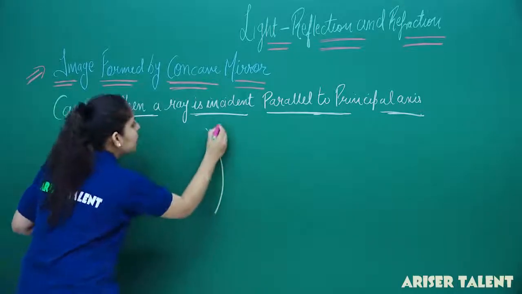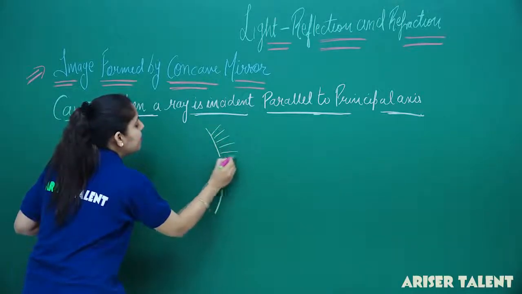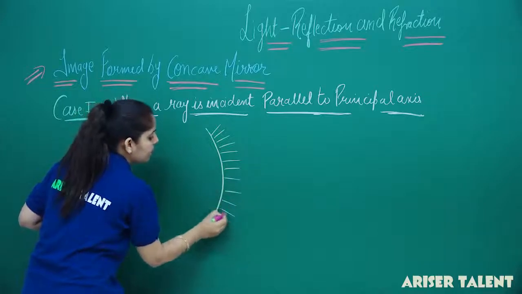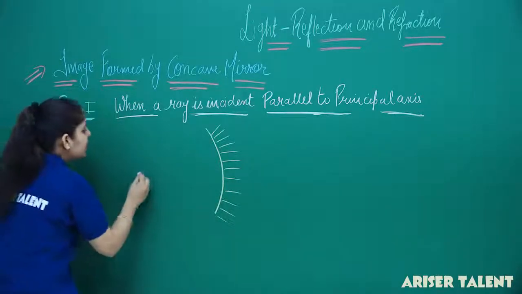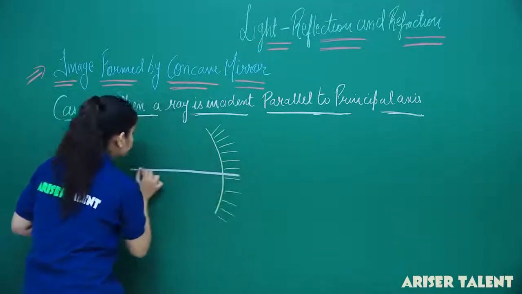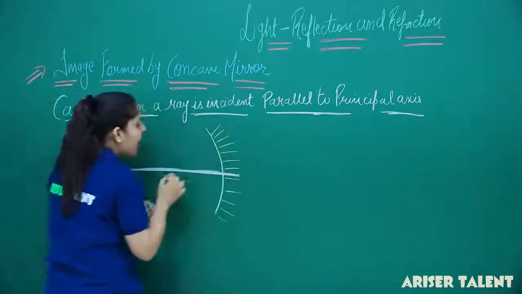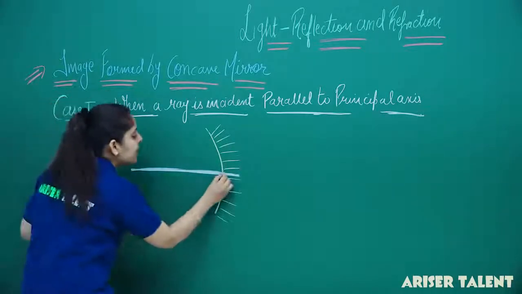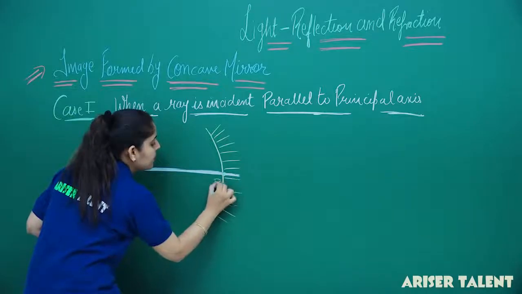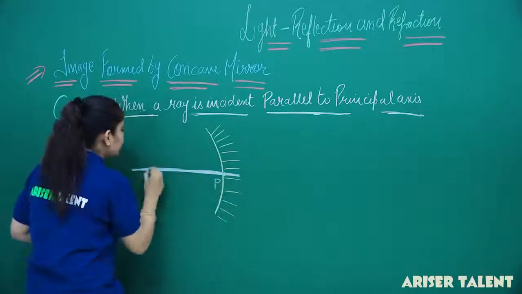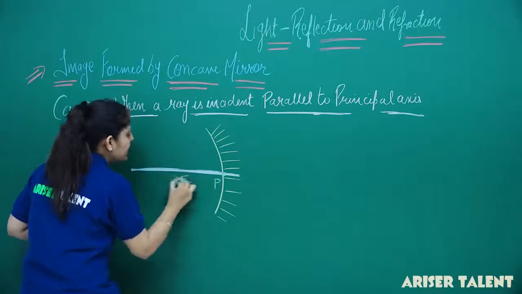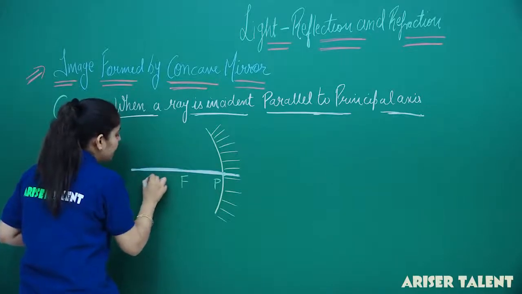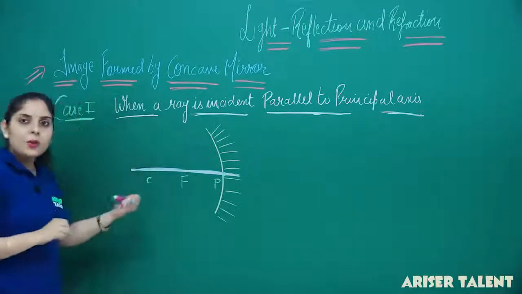This is our concave mirror, which has a silvery polished outside. This is our principal axis. And on this principal axis, you can see that this is our pole. This will be our focus, and this will be our center of curvature. So these are the 3 points we have.